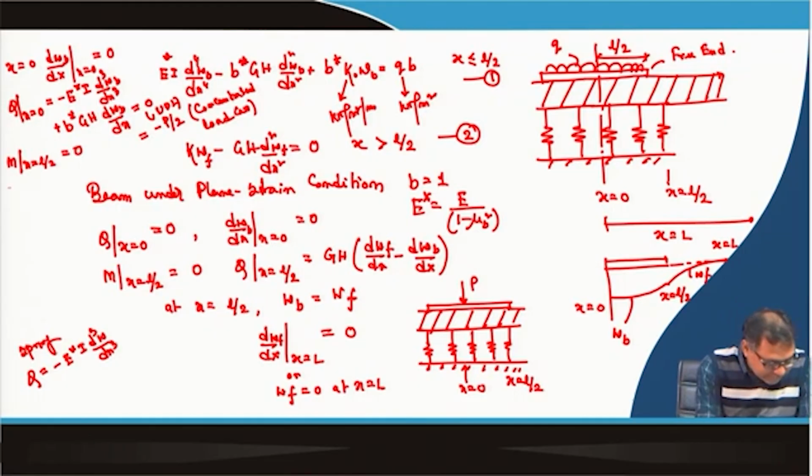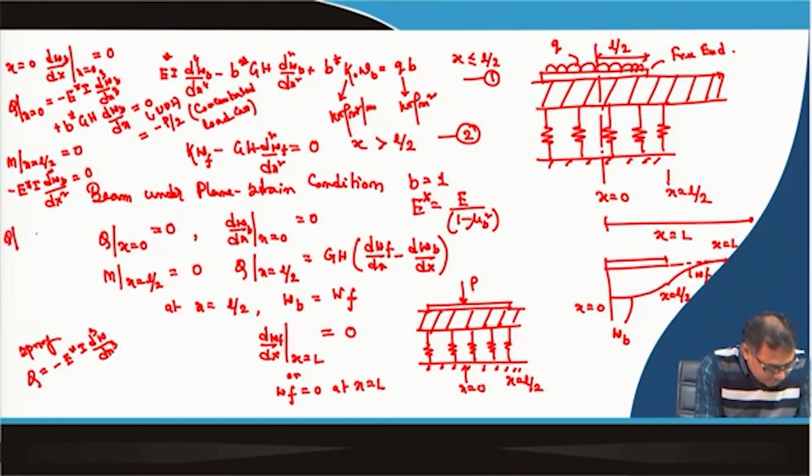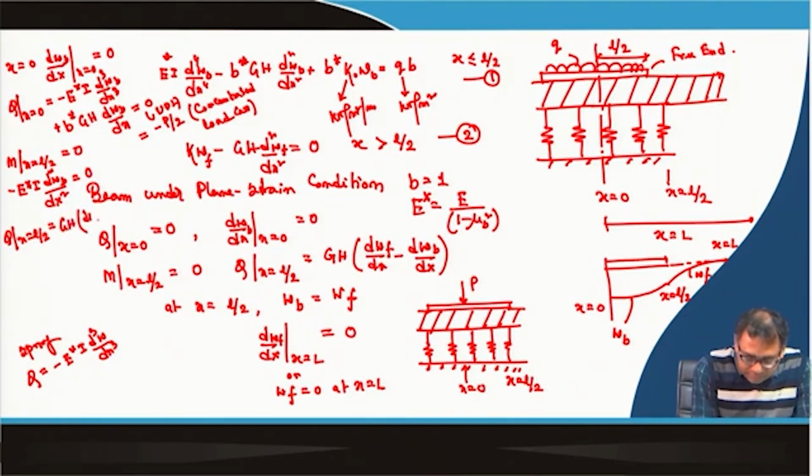For the moment it is the same as the Winkler model, that means minus E star I d square Wb dx square is equal to 0. And the fourth boundary condition: Q at x equal to L by 2 is equal to the expression that is given, that is GH times dWf by dx minus dWb by dx.